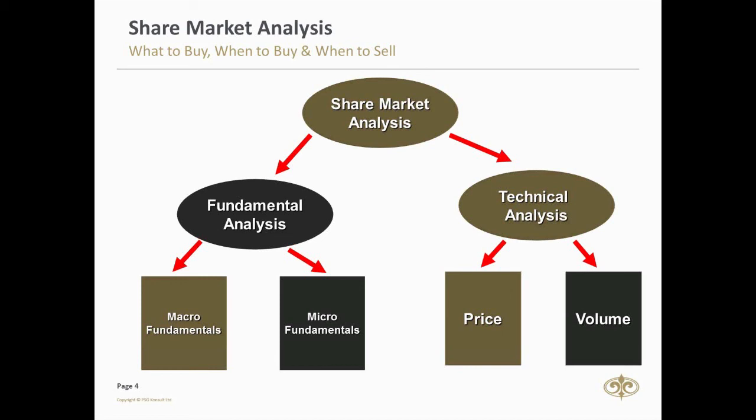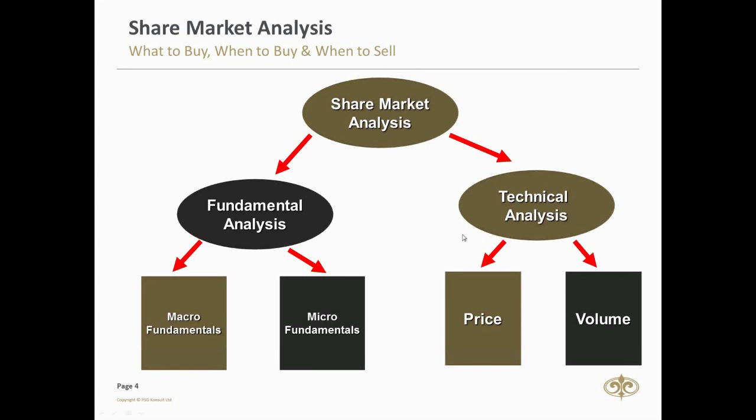Some of you will be looking more at the charts and using technical analysis. And obviously, there are only two factors involved in technical analysis, price and volume. These are the two ways of analyzing a share, and this is the foundation on which tonight's presentation is laid.